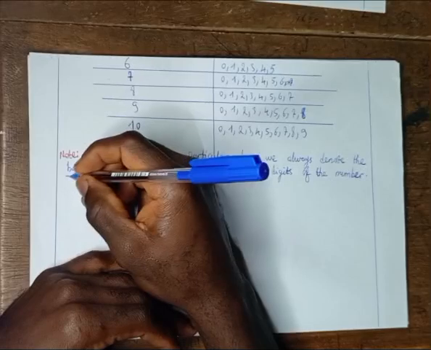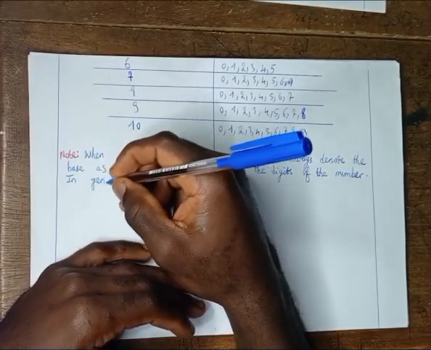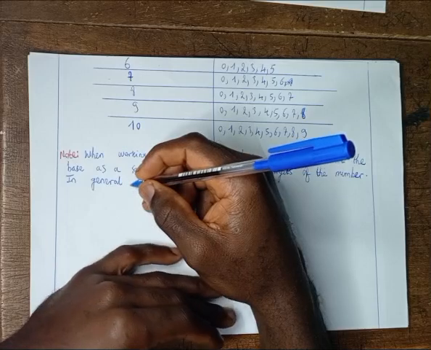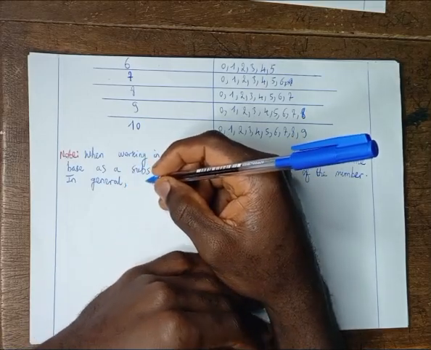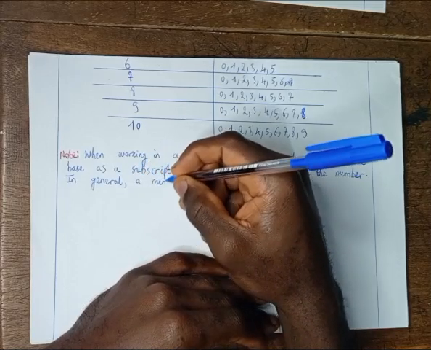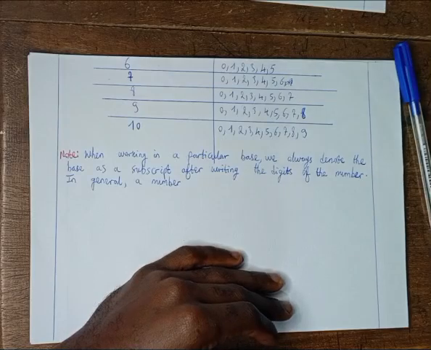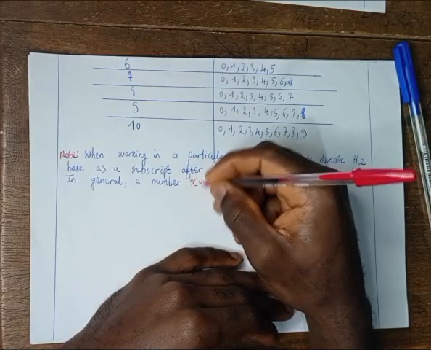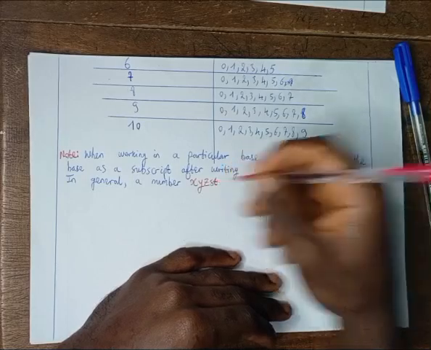Let's take this in general. We are still under the note. Let's take a number which has digits x, y, z, s, t.